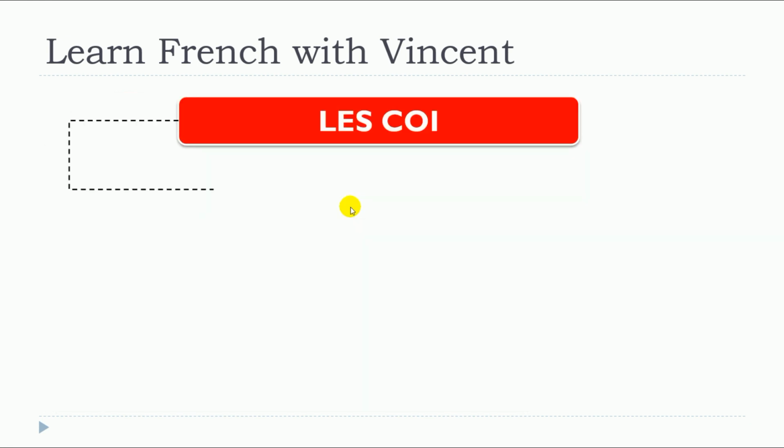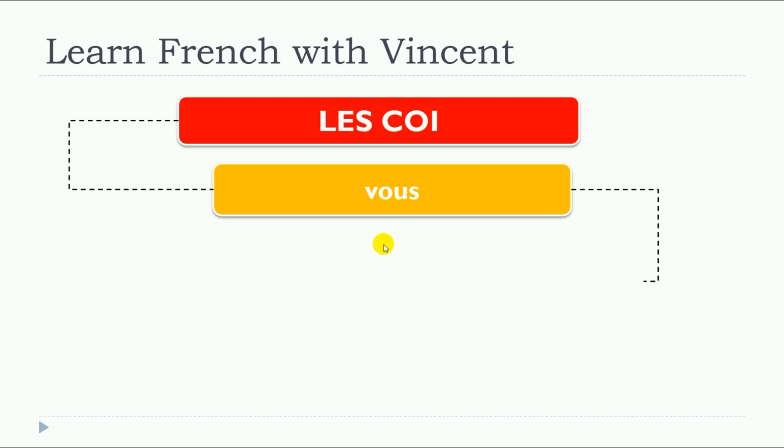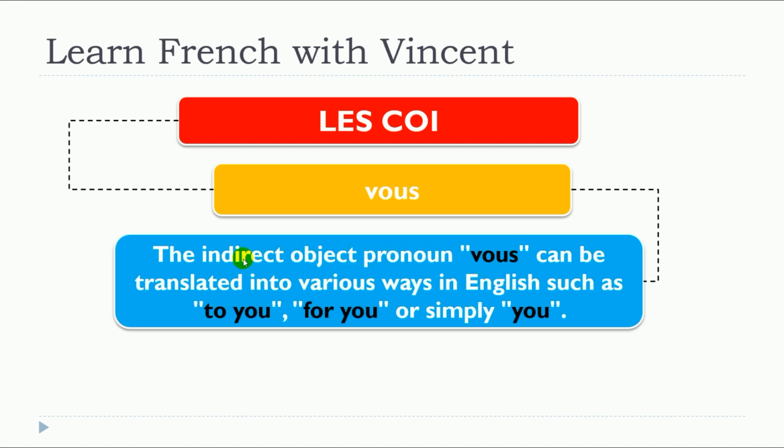So this lesson is about vous. The indirect object pronoun vous can be translated in various ways in English, such as to you, for you, or simply you.